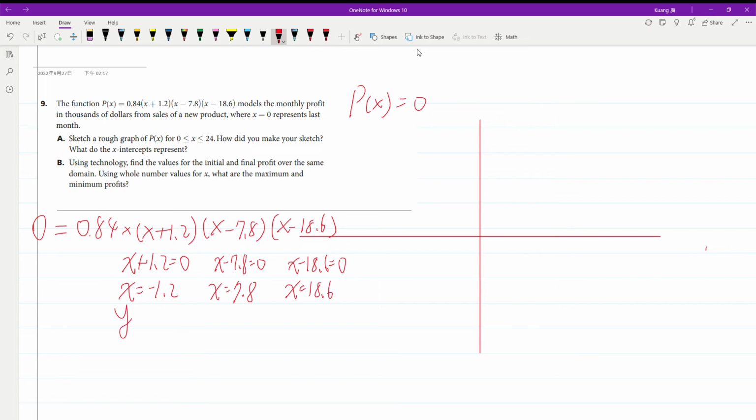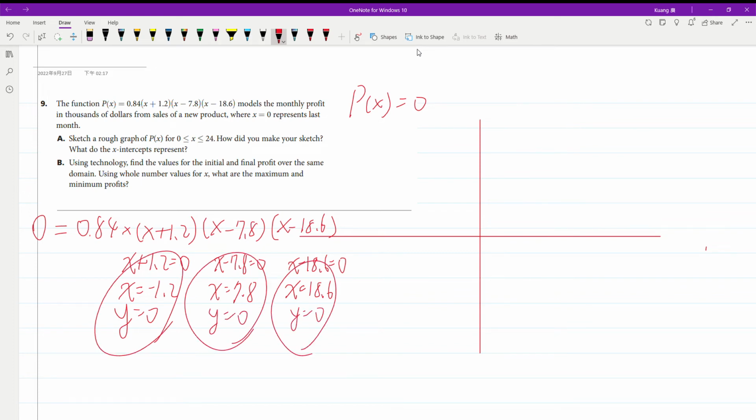Y equals 0 when x equals these values, so these three points are our x-intercepts. It should be here, here, and here: this point is 18.6, this is 7.8, and this is negative 1.2.